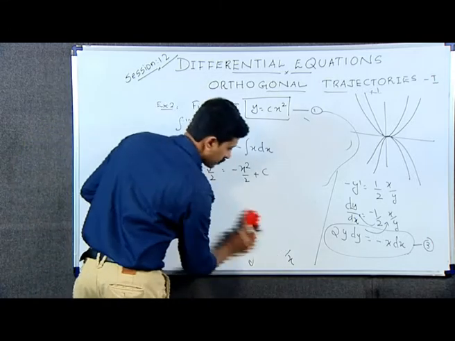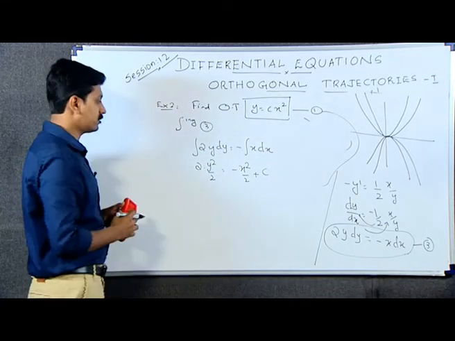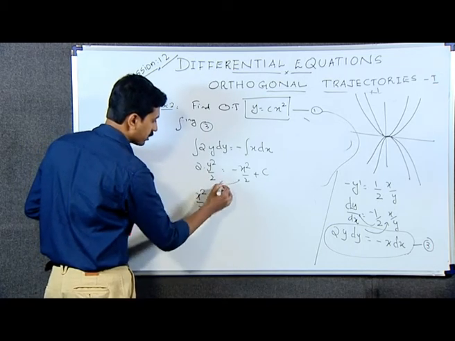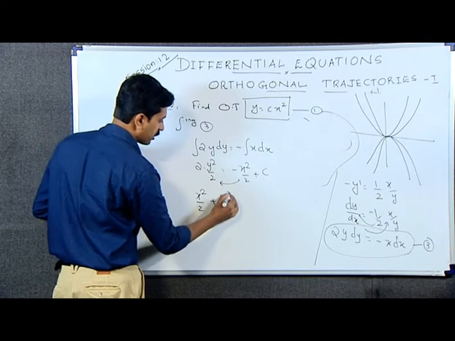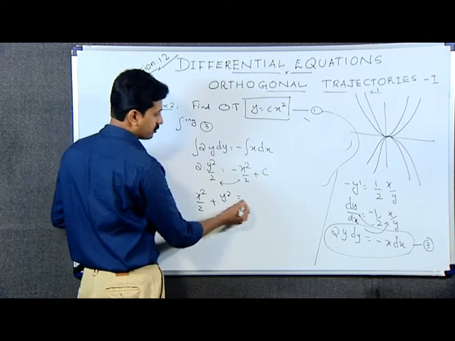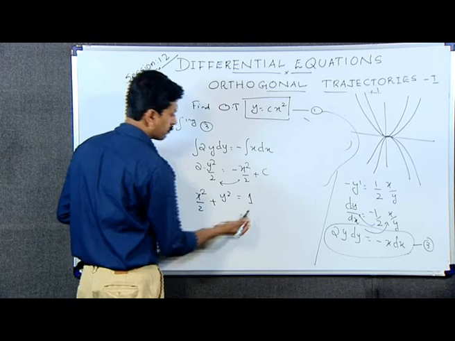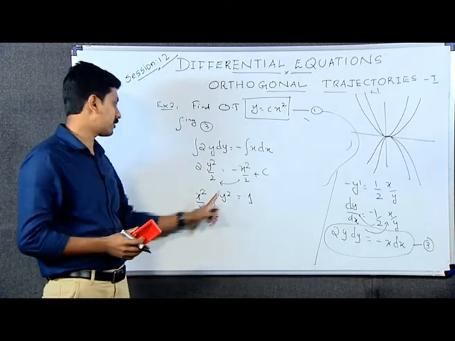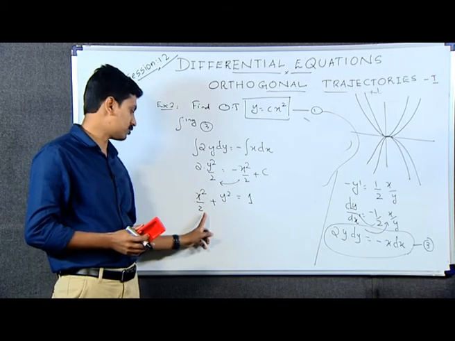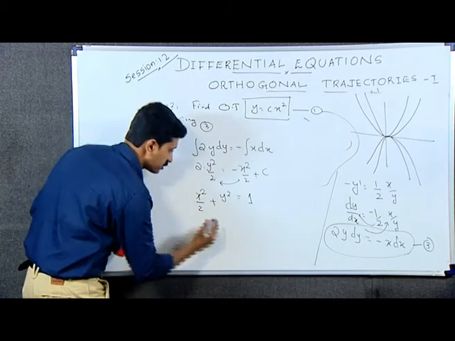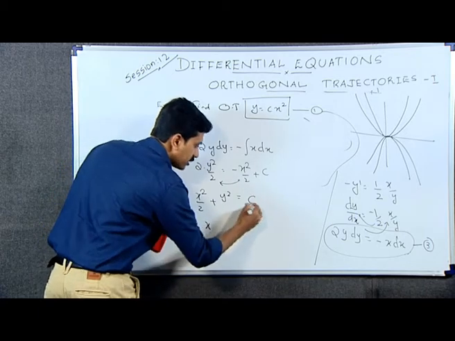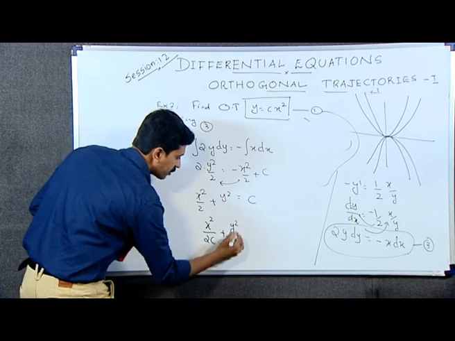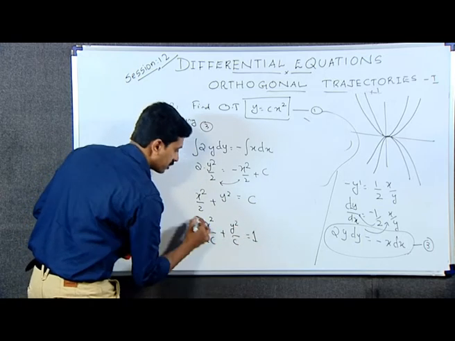Taking x square by 2 to this side, x square by 2 plus y square is equal to c. Taking the constant suitably, we can write this as x square divided by 2c plus y square by c is equal to 1.